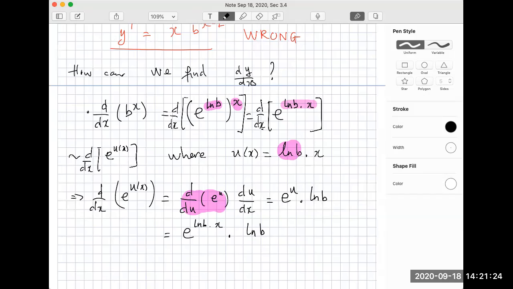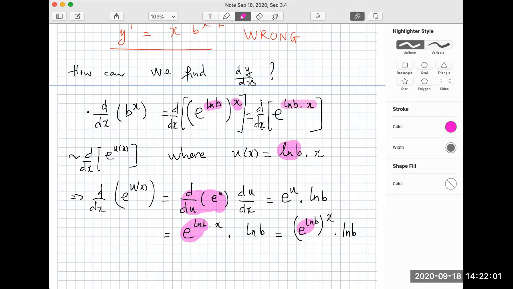From now, this again, e to the ln b times x, means e to the ln b and then raised to the x.